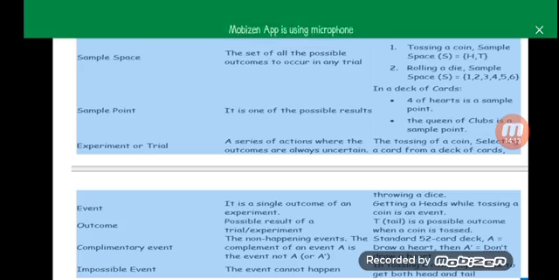You have complementary event. The complement of an event is the event not happening. For instance, if I pick my phone and I want to dial a number, the complement of what I'm about to do is that I don't dial a number. So complement is trying to tell you something that is not going to happen.